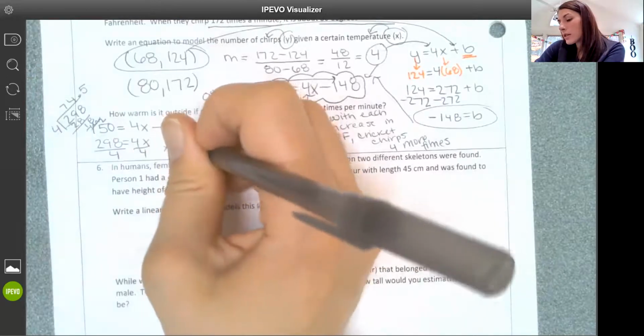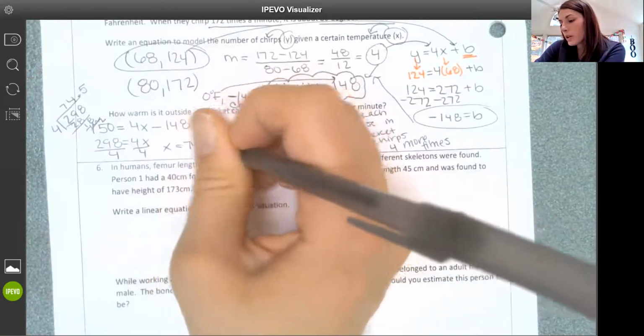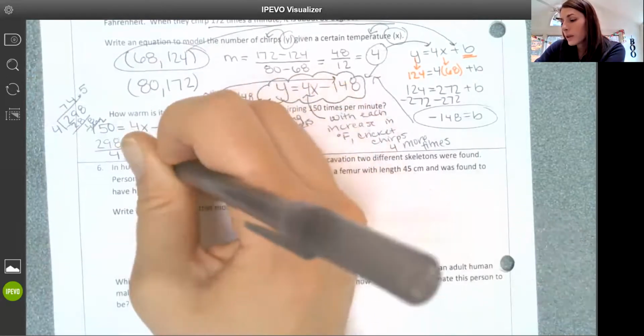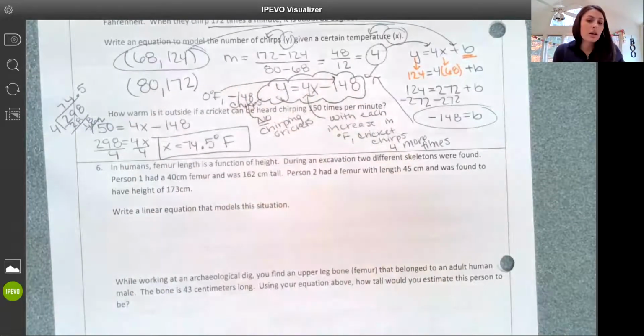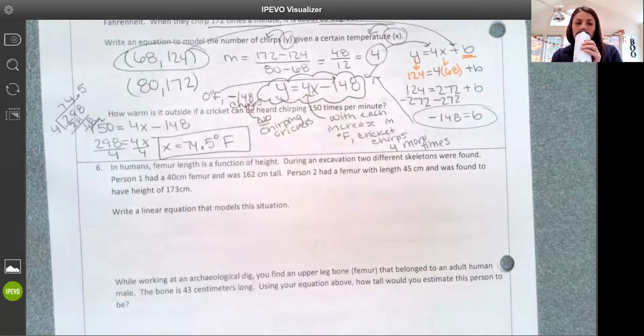So x is 74.5 degrees Fahrenheit. And remember, we need to answer in the context of the problem. So not just 74.5, but 74.5 degrees Fahrenheit would be what we would expect how warm it is outside if a cricket's chirping 150 times per minute.